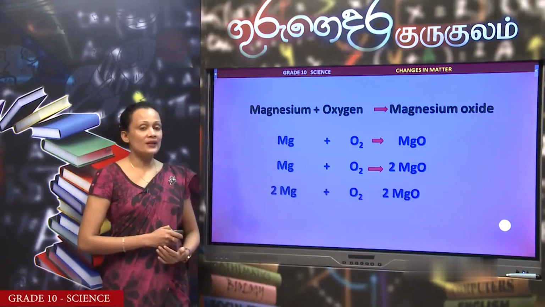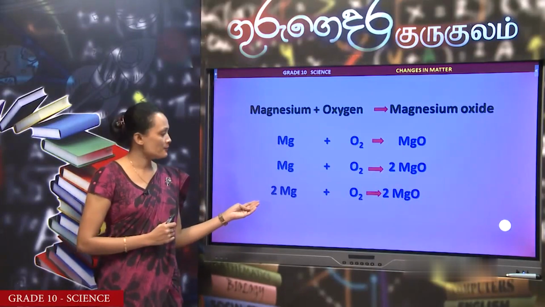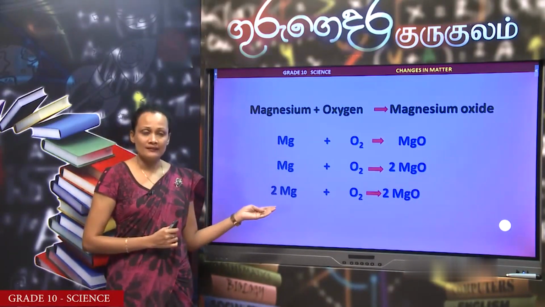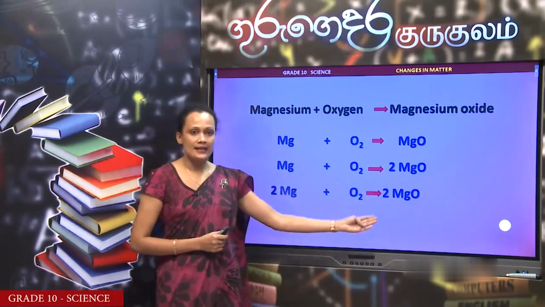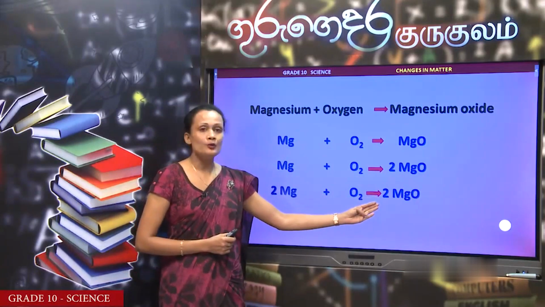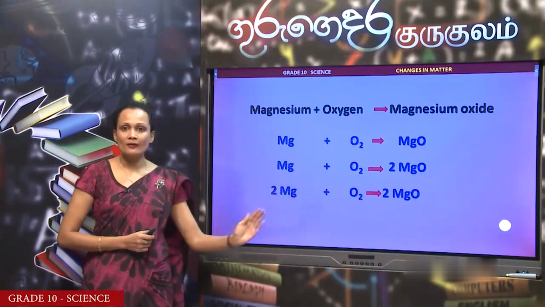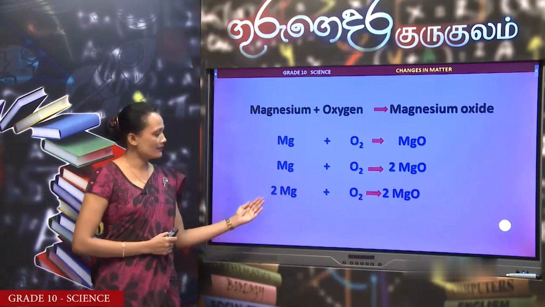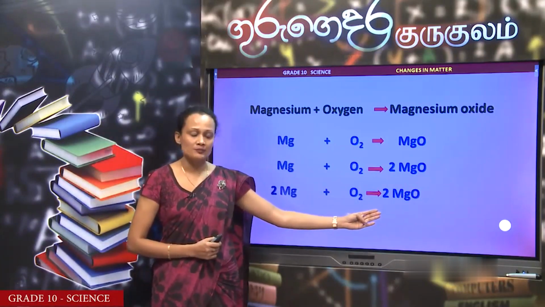Now, I am going to make another change. First, I am putting 2 in front of the magnesium. Then it makes 2 magnesium atoms. And look at the other side. As the product, there are 2 magnesium atoms. Now, if we consider that equation, here 2 magnesium atoms in the reactants and here 2 magnesium atoms in the product.